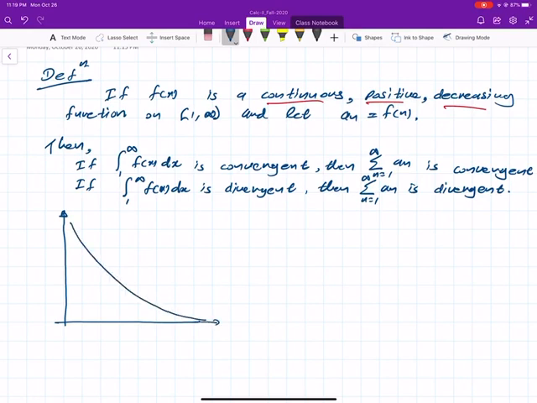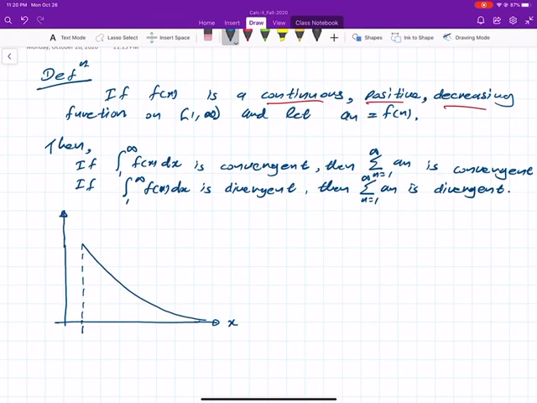This is a continuous, decreasing and positive function. Here you have x. It is from 1 to infinity. Let's say this is 1.